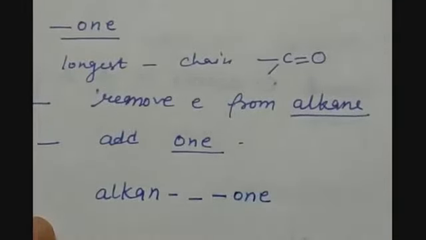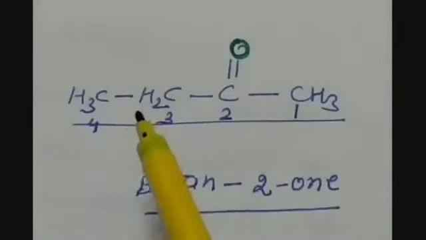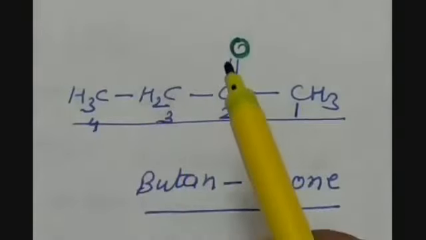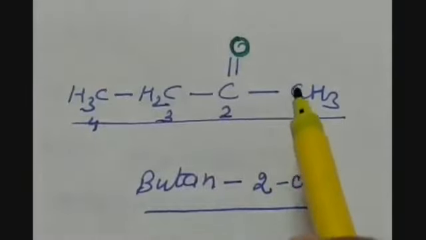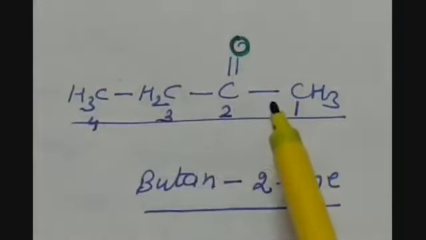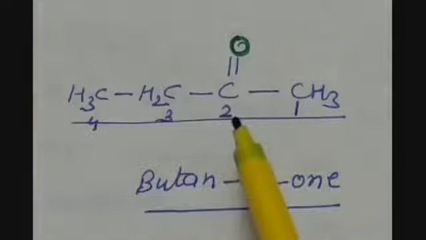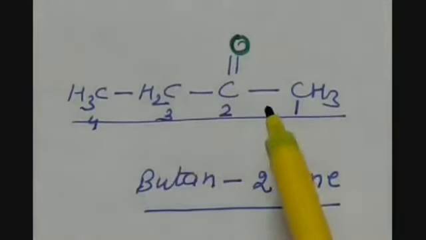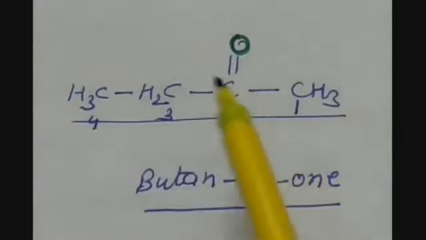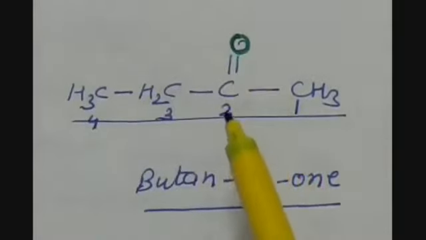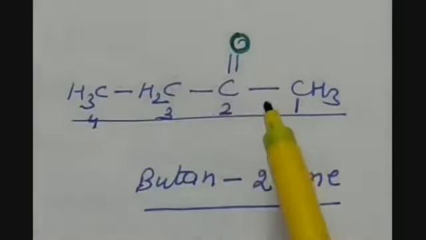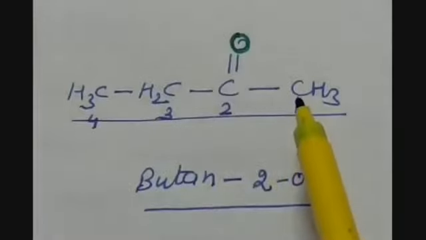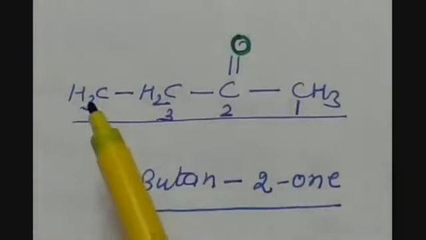So now let us have some examples. There are two carbons to the left of the carbon related to the ketone group, and one carbon on the right side of it. Now, while finding the longest carbon chain including the functional group, we have to give priority to the ketone functional group. So we will start counting from here: 1, 2, 3 and 4.